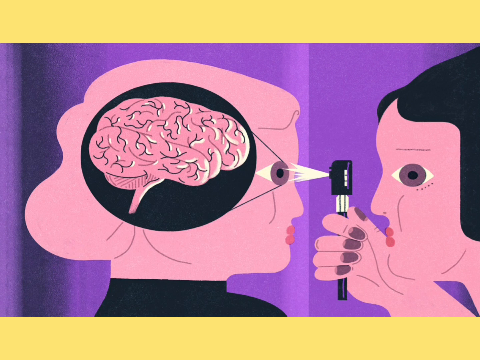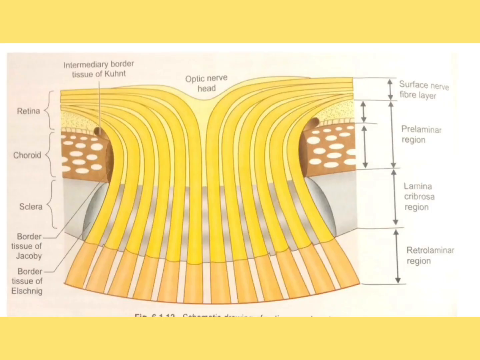So how does this intracranial pressure increase lead to disturbed vision? The main mechanism is axoplasmic flow stasis. Due to the high intracranial pressure, there is a disturbance of the pressure gradient between the intraocular pressure and the retrolaminar pressure. This is the prelaminar region, this is the lamina cribrosa, and this is the retrolaminar area.